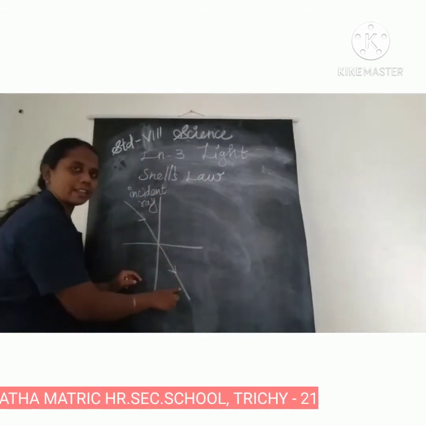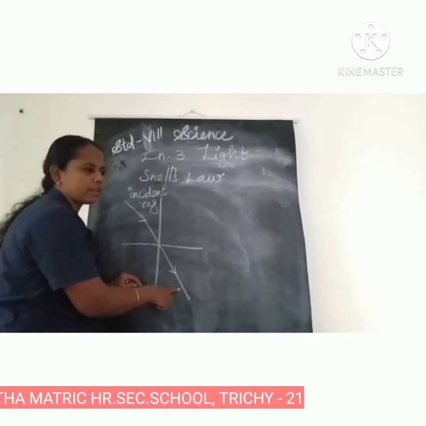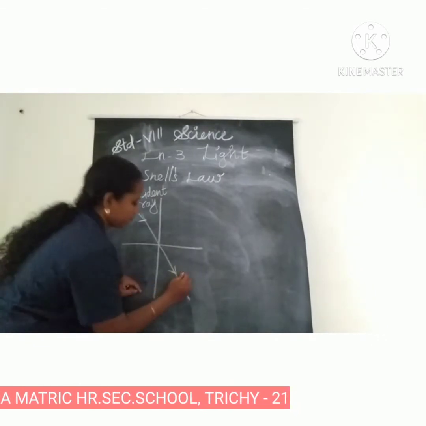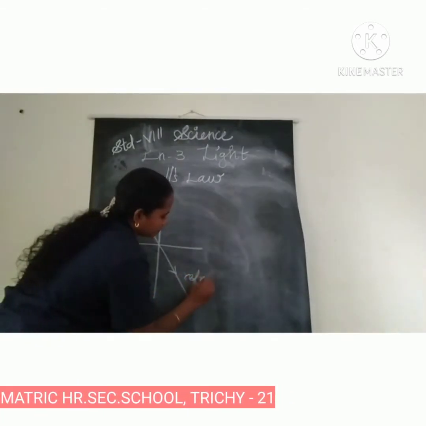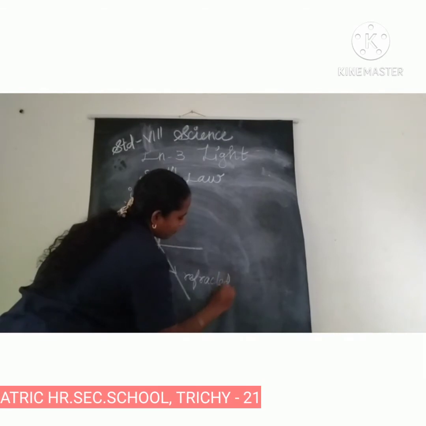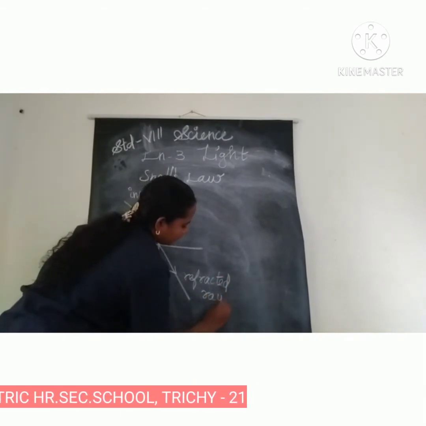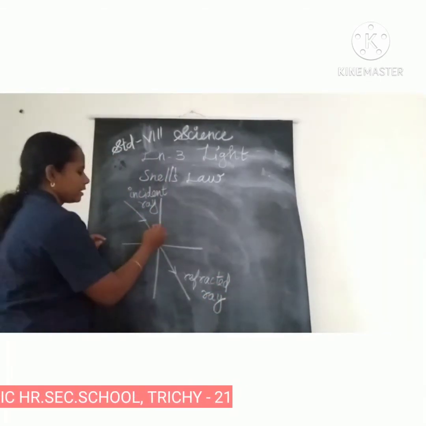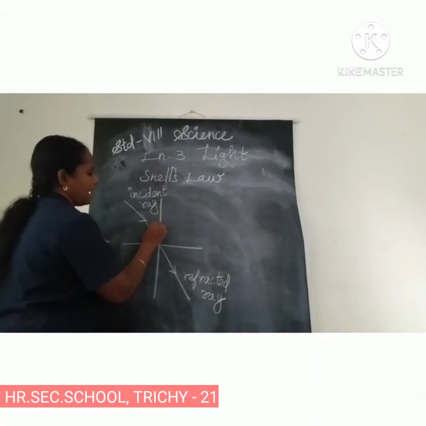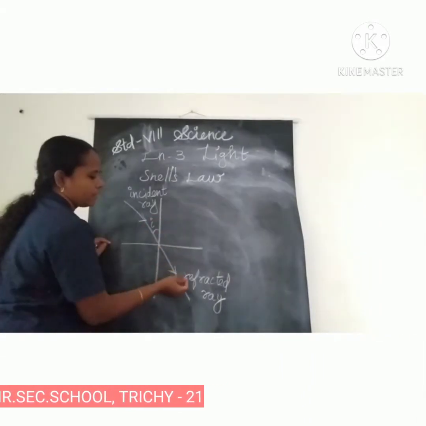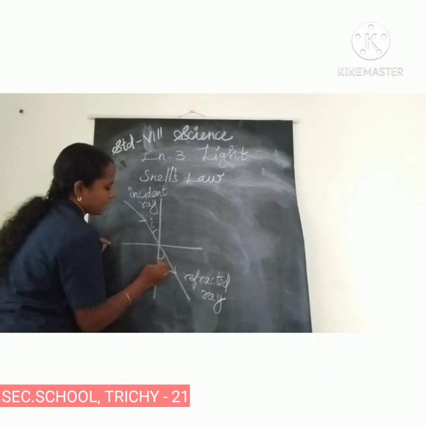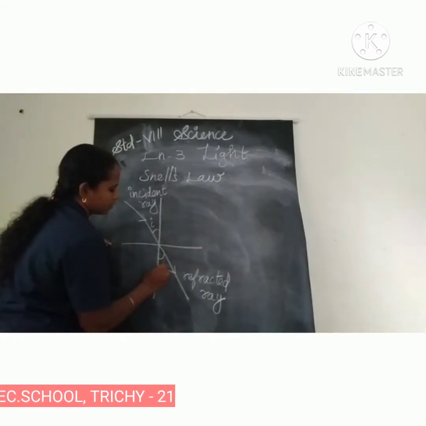It travels into another medium, so it is called the refracted ray. The angle of the incident ray is I, and the angle for the refracted ray is known as angle R.